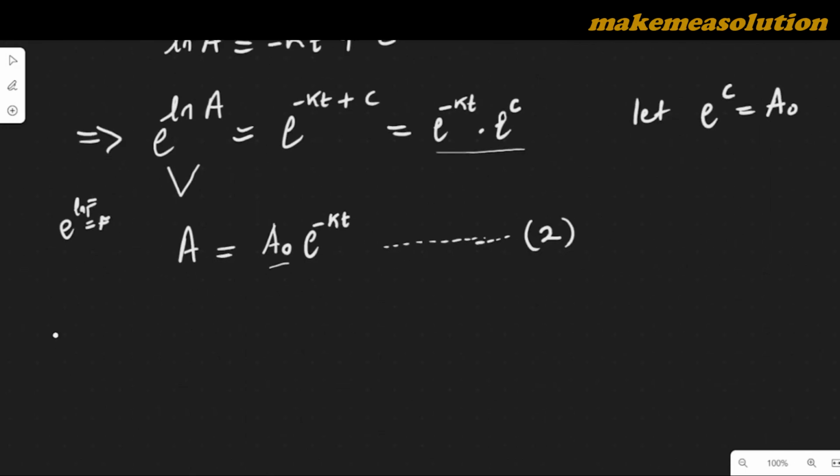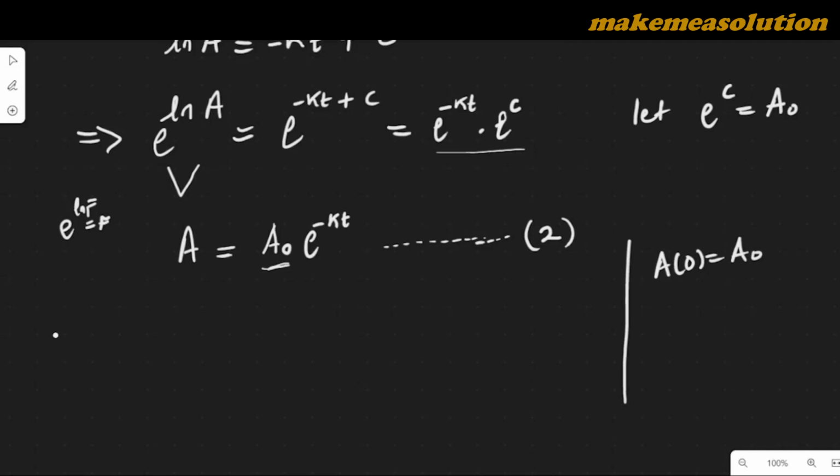Originally, our initial conditions have already been applied, and we have already deciphered that the value of this arbitrary constant is actually what? A naught. Okay, so this is how we actually did it. We said a of 0 is actually a naught. Is that okay?